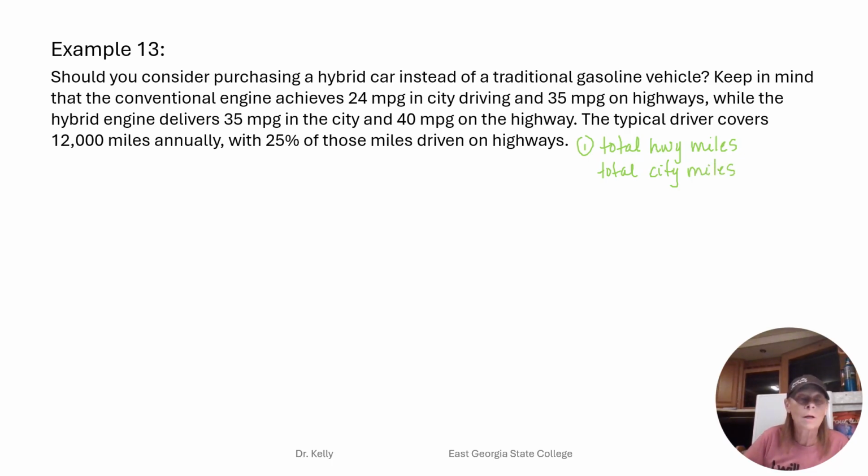And we got that right here. It says that we drive total of 12,000 with 25% of those being on the highway. So that's the first thing that we need to figure out. The next thing we need to do is figure out how many gallons.